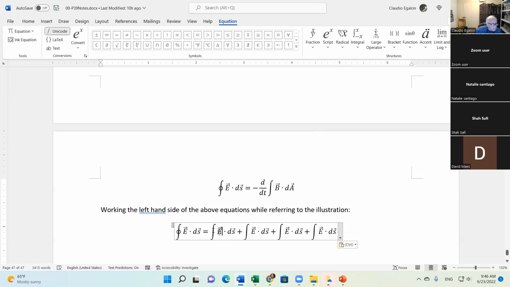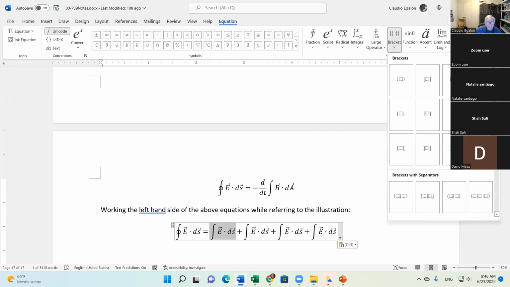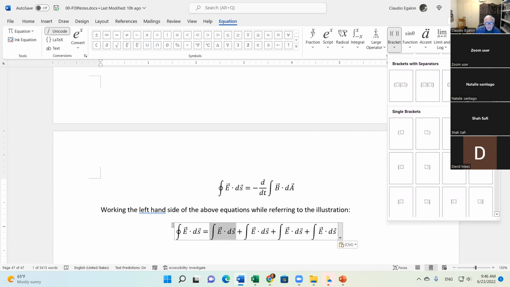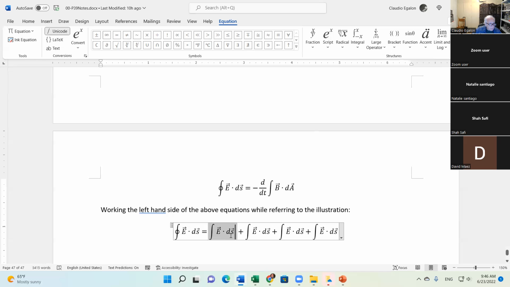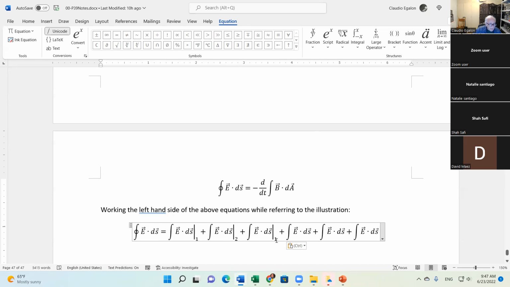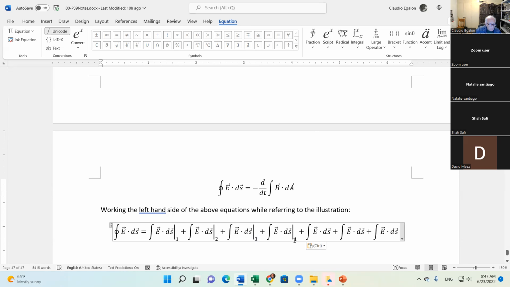I'm going to use this notation here. It's not the ideal notation, but I'm going to use this one. Path number 1, path number 2, path number 3, path number 4. Ideally, those numbers should be next to the integral, but I cannot find the proper sign for that.